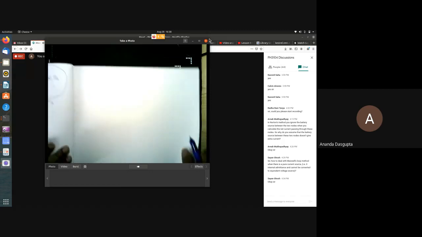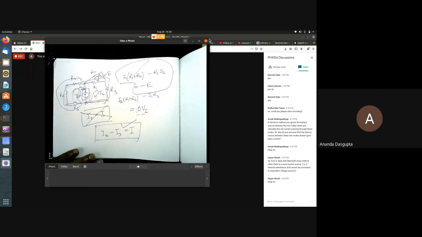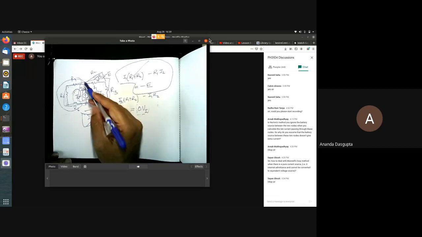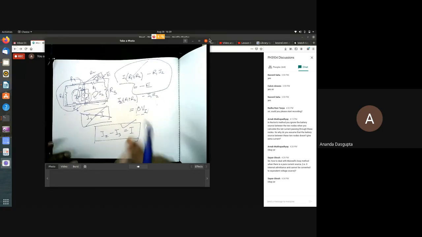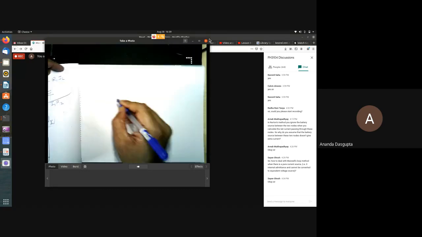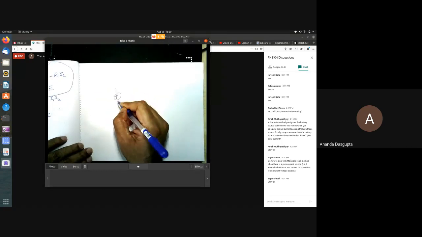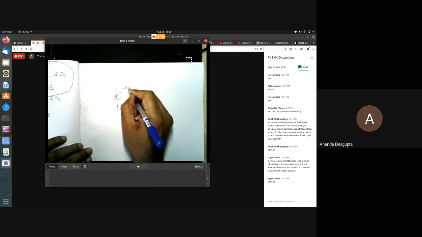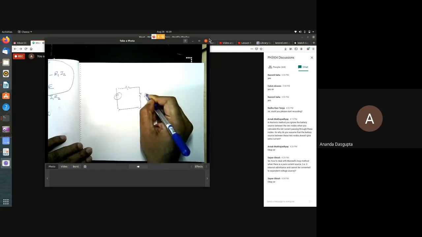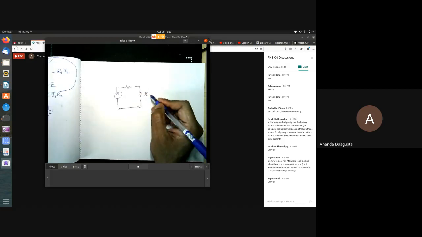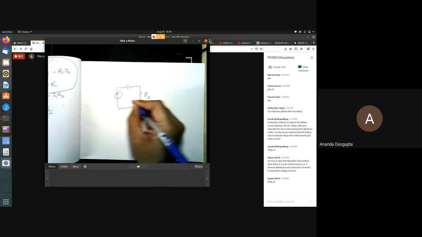For example, in this rather messy thing which I have here, let me just draw it again. We had a current source I here, a resistance R here, say whatever I called it R3.